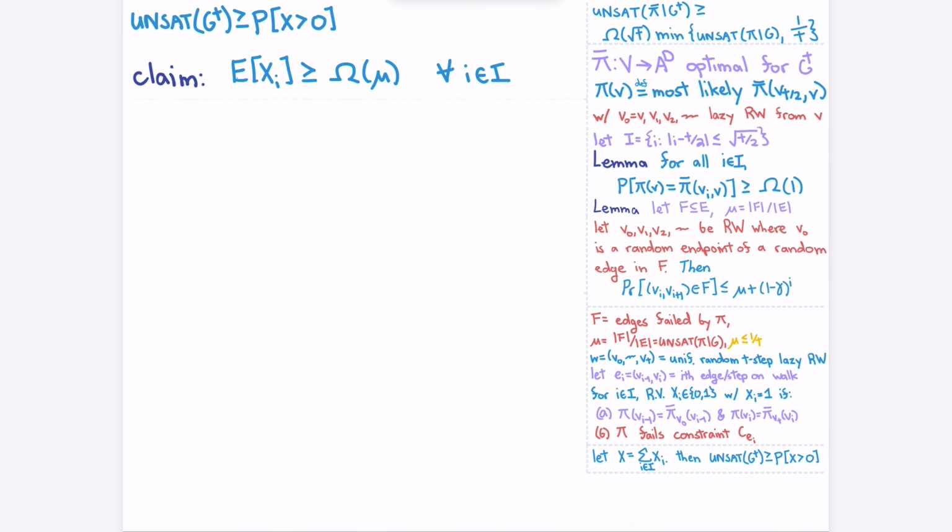Let's see what we can do. So the expected value of xi we claim is at least mu, which is unsat in G. So what's one way we can see this?